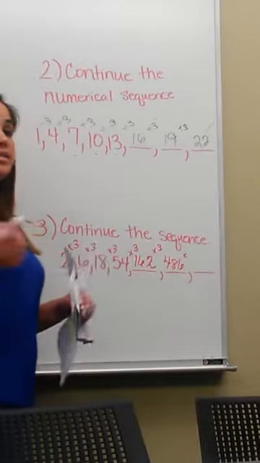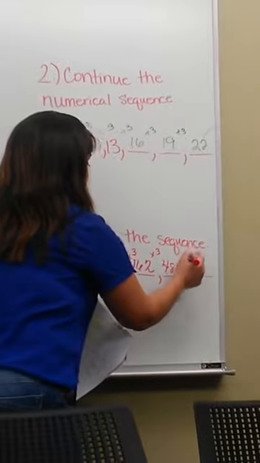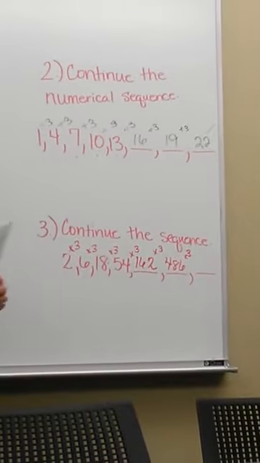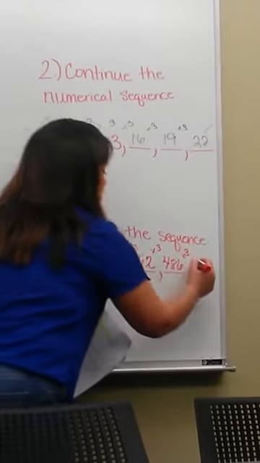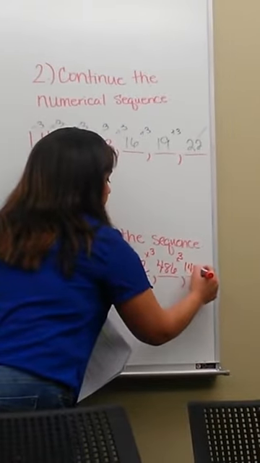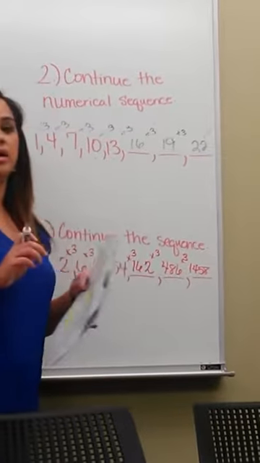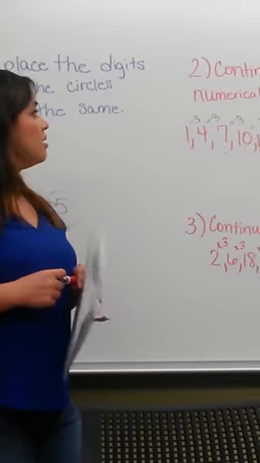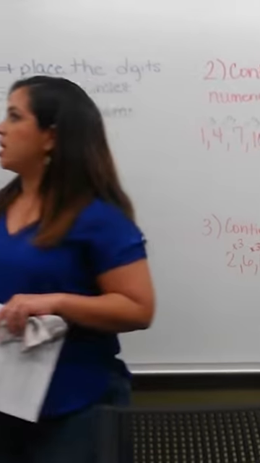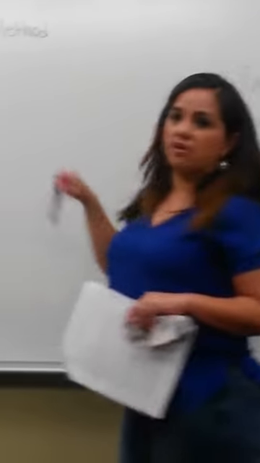Now 486 multiplied by 3 is what? You would come up with 1,458.